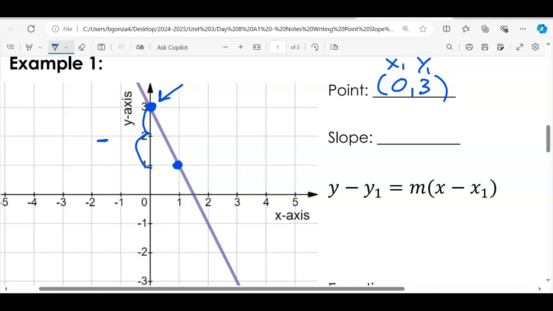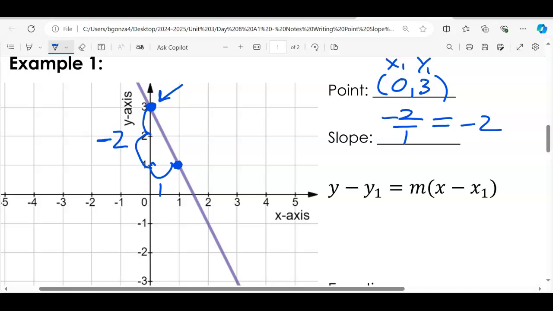So that's -2. Does everyone know negative is down? Yes. And then it goes to the right one. So the rise over the run is -2 over 1. Now, if you look above me, you might remember, if it's over 1, that means it's just a whole number. So -2 over 1 is -2. Cool.